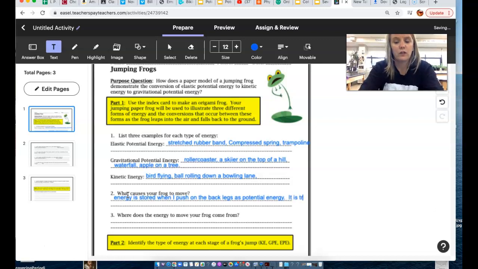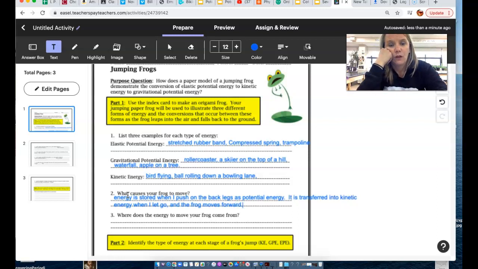It is transferred into kinetic energy when I let go and the frog moves or hops forward.